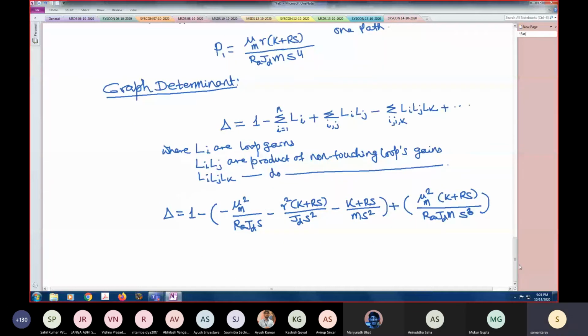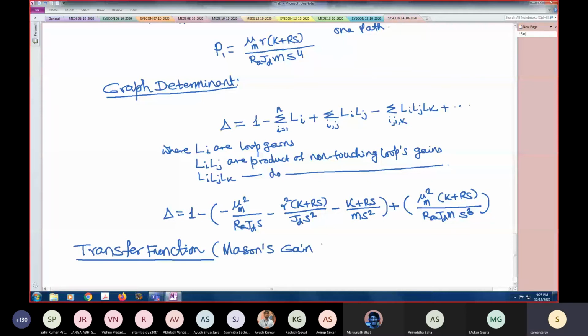Now I will write the transfer function. This is called Mason's gain rule, so we will apply Mason's gain rule.